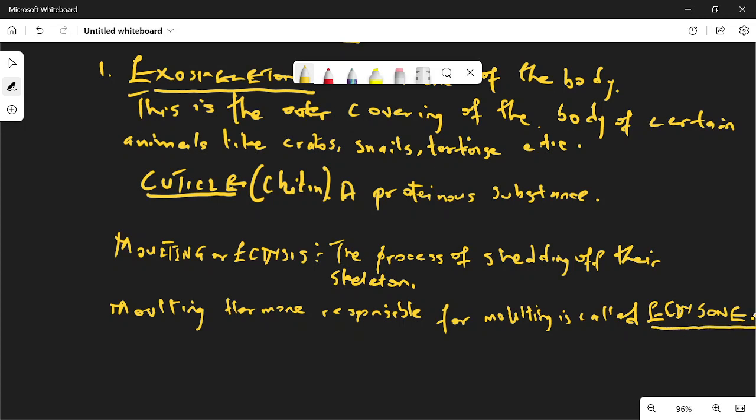So the process whereby the organism sheds off its skeleton is called molting or ecdysis.